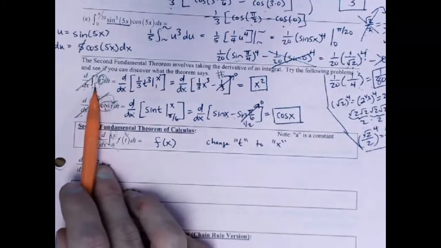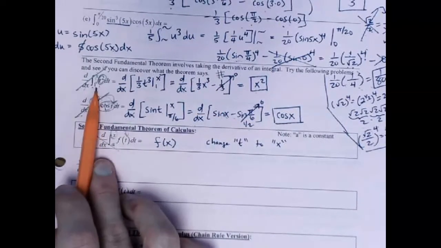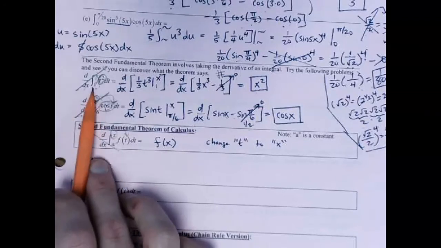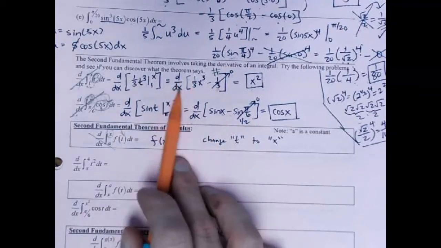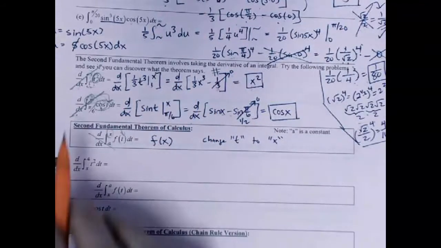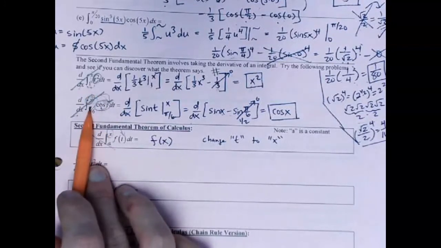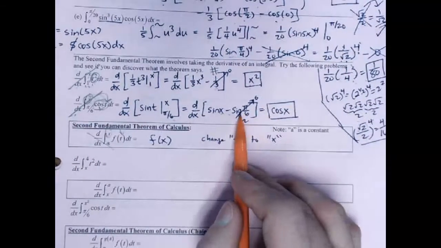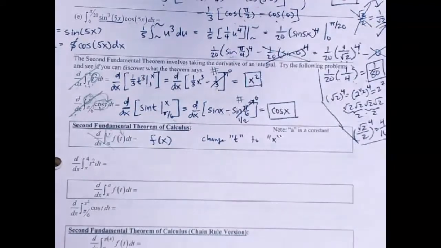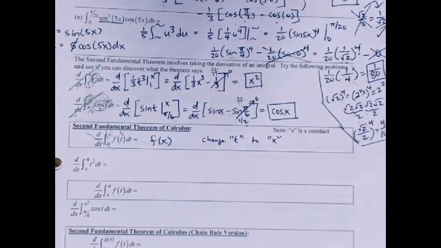This constant does not matter, right? It doesn't matter what it is. Positive, negative, big, small, it doesn't matter. Because when you take this number and you plug it in, you get a constant. And the derivative of that constant is 0, right? That a, this number, does not make any difference. This pi over 6 does not matter what it is, because when you plug it in your evaluation step, you get a number in return, like 1/2, root 3 over 2, root 2 over 2.